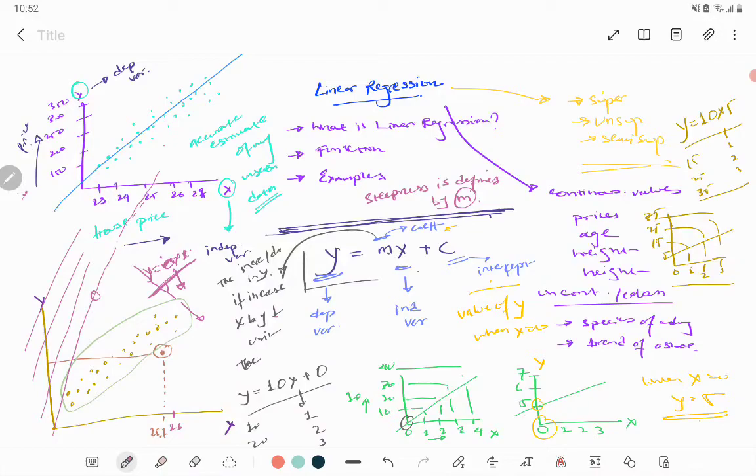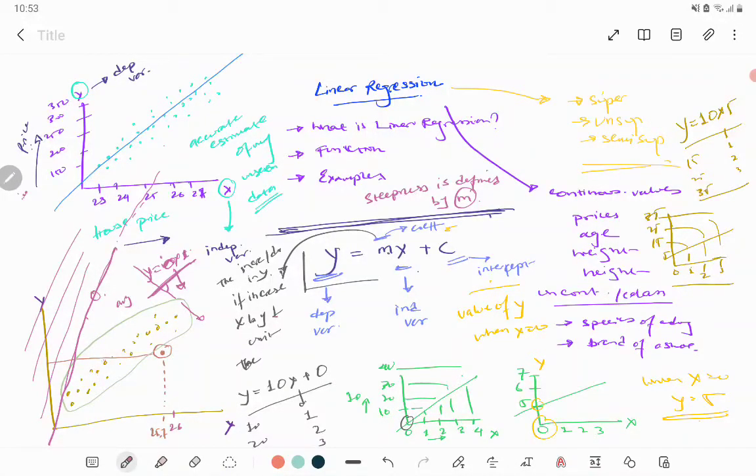So that is how we find a model that is a good fit for the data. Given this initial line, we calculate the error, that is the distance between the line and the different points, and we take the average of this and we move the line such that the error becomes less.